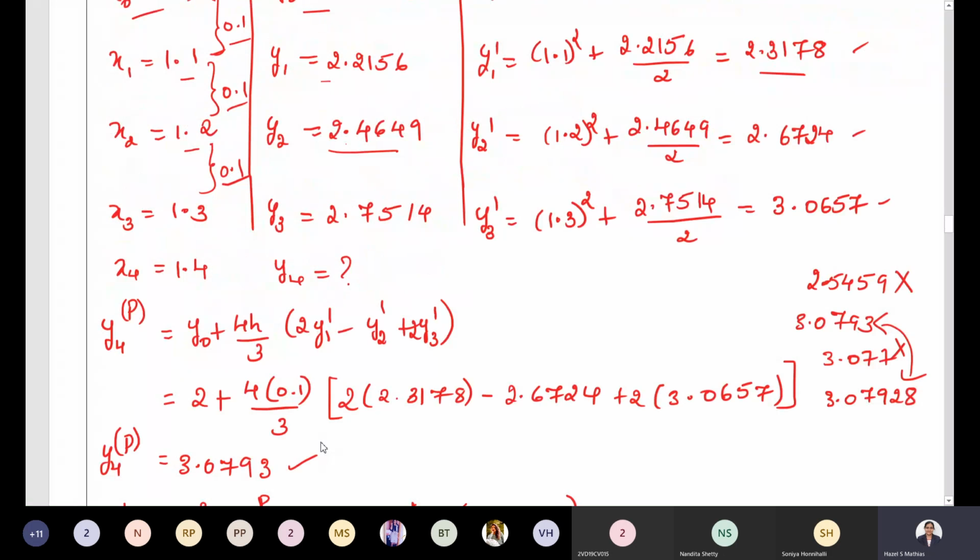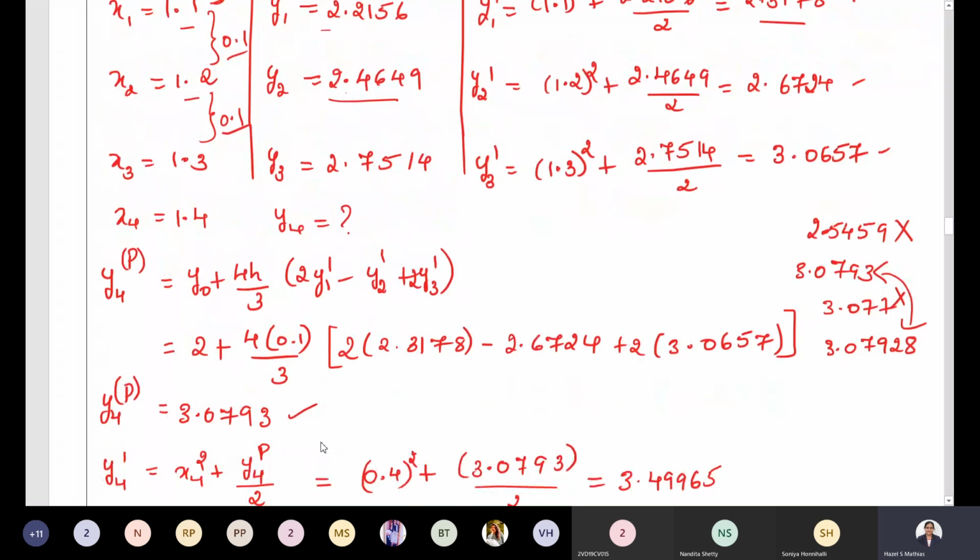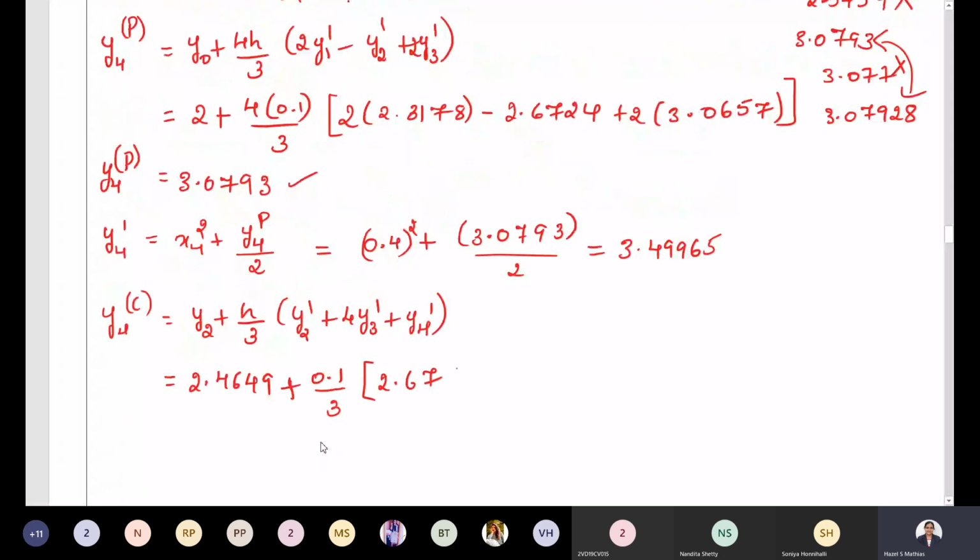This is y2 dash plus 4 times y3 dash, it is 3.0657, plus y4 dash, it is 3.49965. So what is the answer? Corrected value of y4. Remember, it should be somewhere closer to the predicted value.